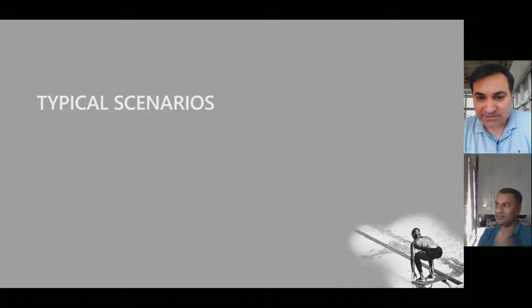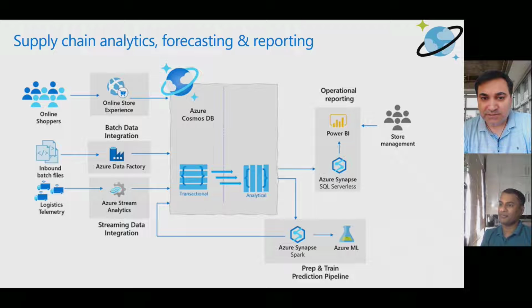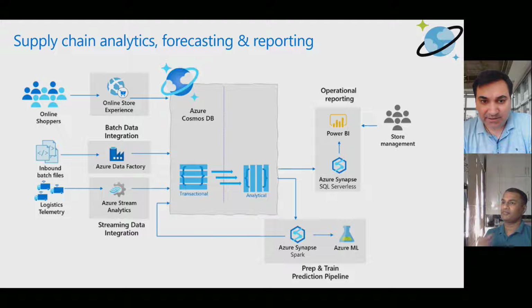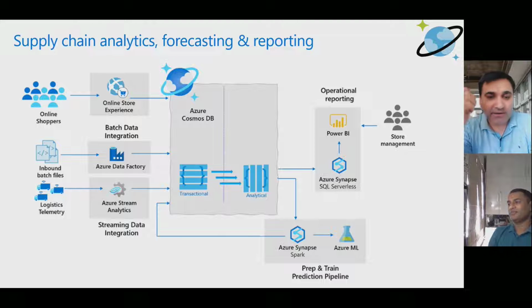And let's see what other use cases people are using Synapse Link with, and how this particular offering is making their life easier. One of the use cases which I come across is supply chain analytics, forecasting and reporting. Here you can see that supply chain is very critical to any organization's core implementation.